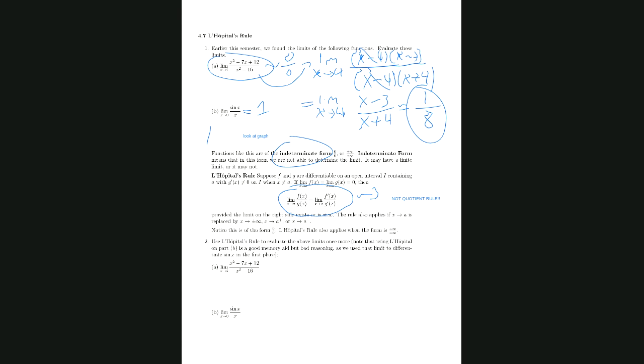Let's see. All right, so I'll do the first one, and then I'll try to break you into groups and see how it works from there. All right, so if you plug in 0, this looks like 0 over 0, so we can use L'Hopital's rule.